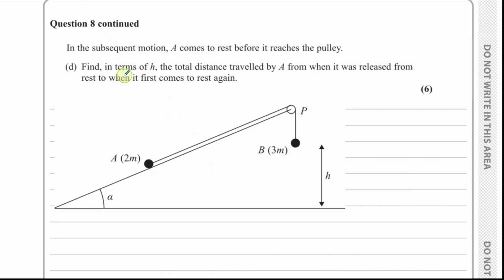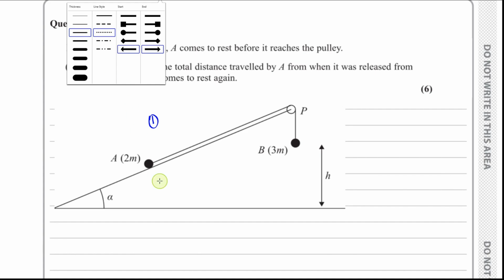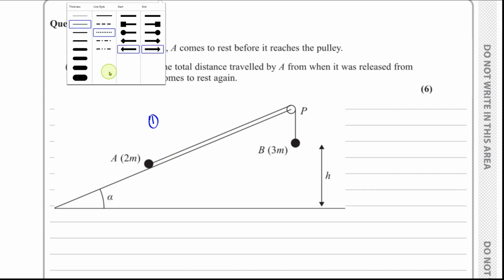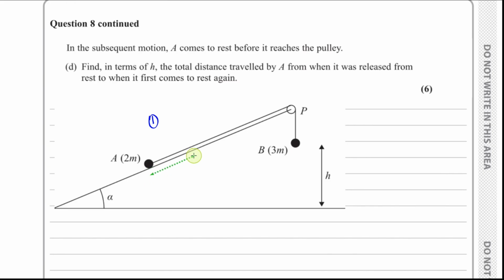So there are two parts to this journey. One part is when B falls to the ground. A moves that same distance up the plane that B moves down, because they're connected by a light inextensible string. So A is going to move the same distance that B moved, just along the plane.